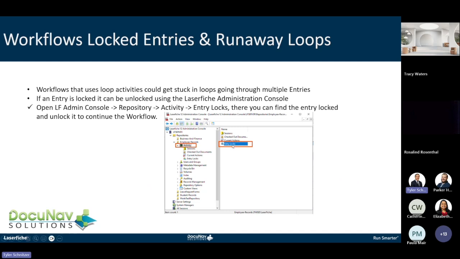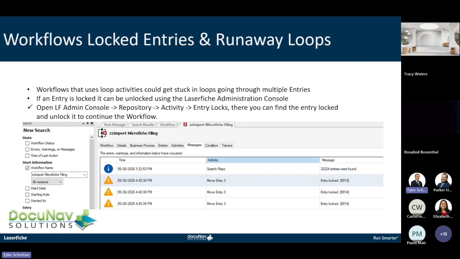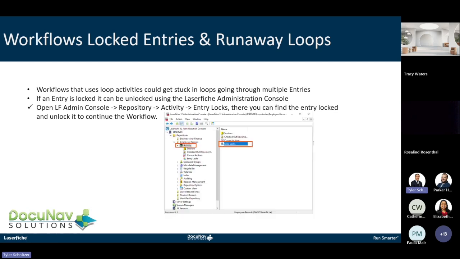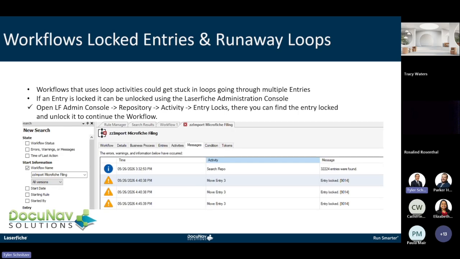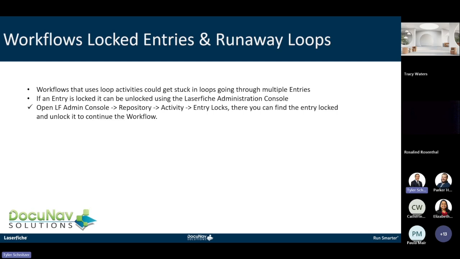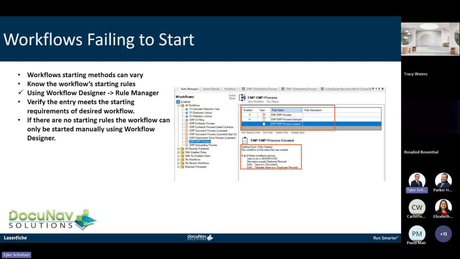And then if you go to your entry locks, you'll find that same entry, entry 3, locked under this menu here. And then all you really do is just unlock it by right clicking it. And then this workflow will continue doing its thing after that entry has been unlocked. And that's just an example I like to run by.